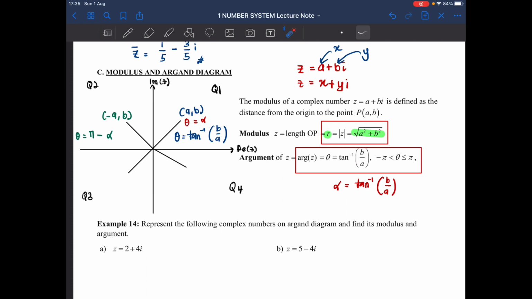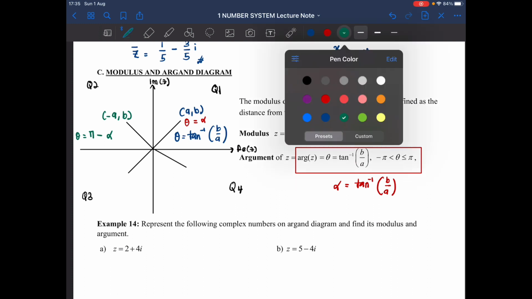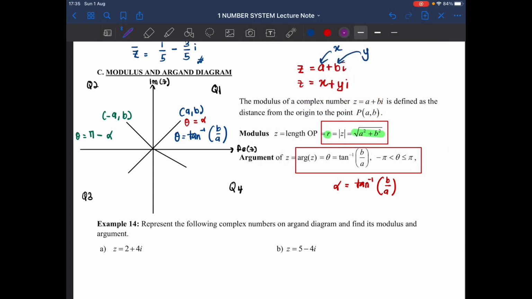Alright, so for the third quadrant, so A is negative, B is also negative. So negative A, negative B. So our argument would be theta equals to negative pi minus alpha.